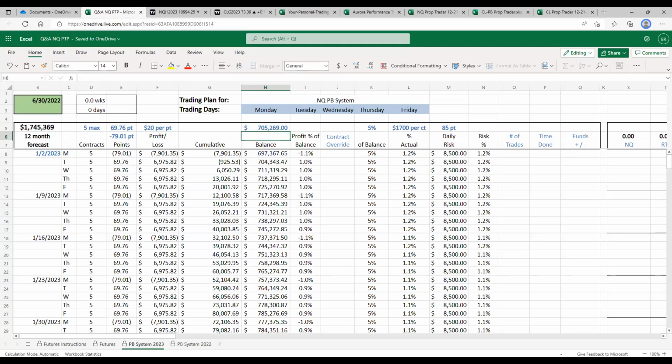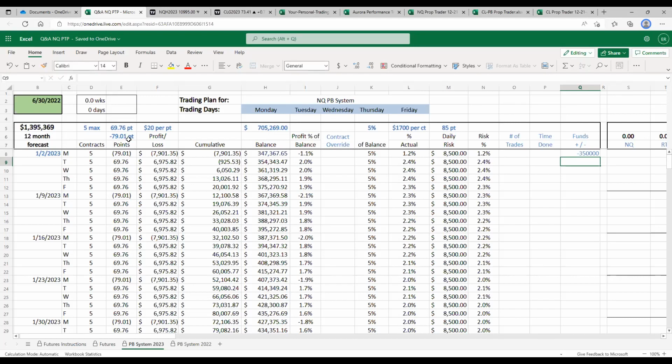We have the ability to record that over here in column Q. So let's say we decide to take out half, and I'm just going to estimate half. It's not going to be exactly half. We're going to take out 350,000. Make sure I have enough zeros there. So our starting balance ends up being a little over 350,000.